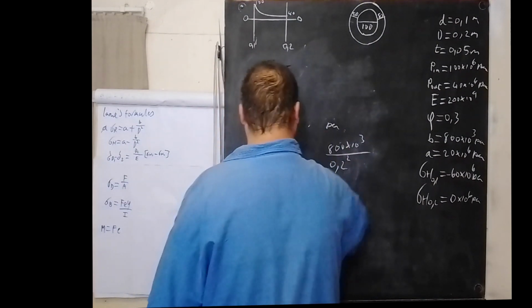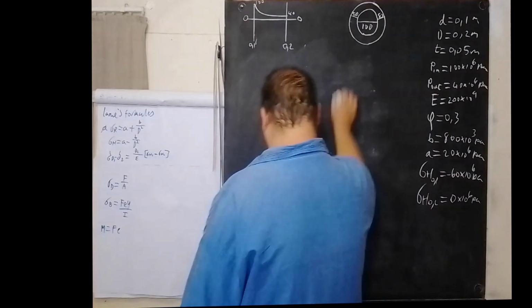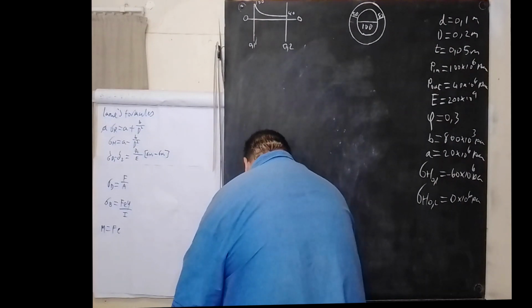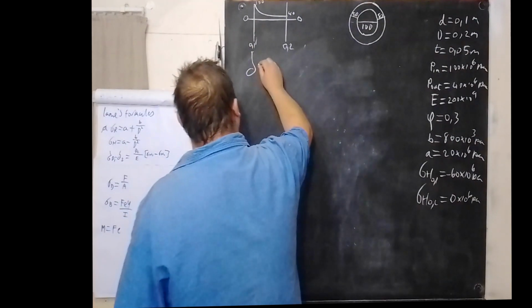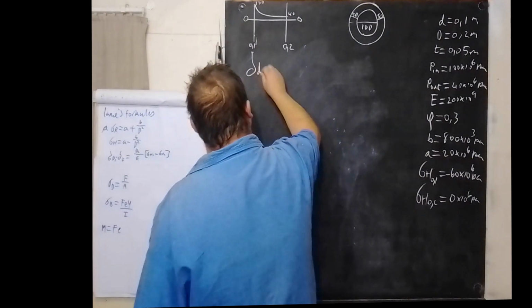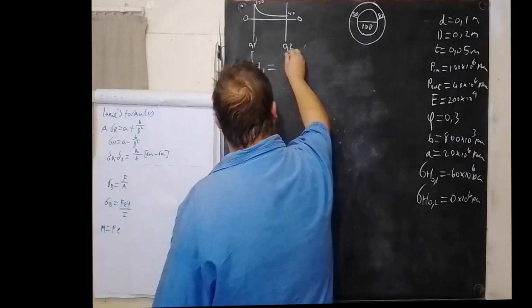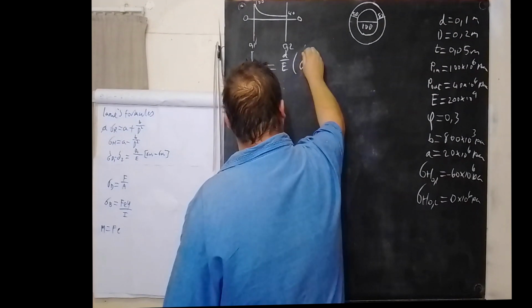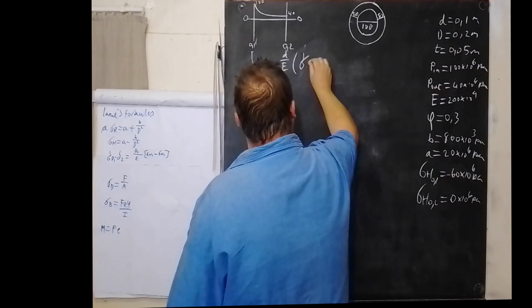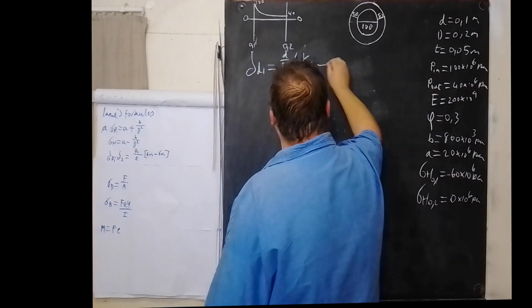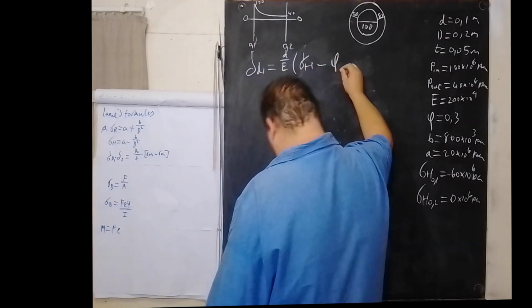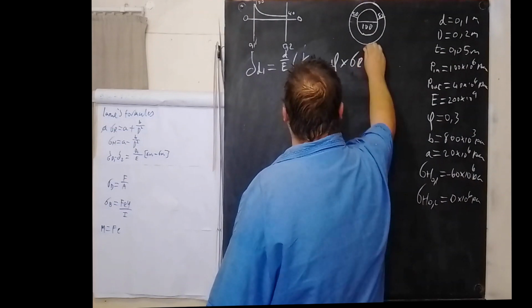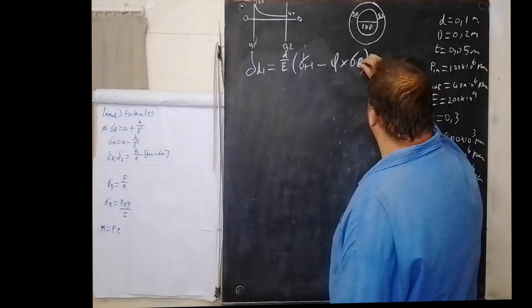What we will need is the following: the hoop stress minus the radial stress.